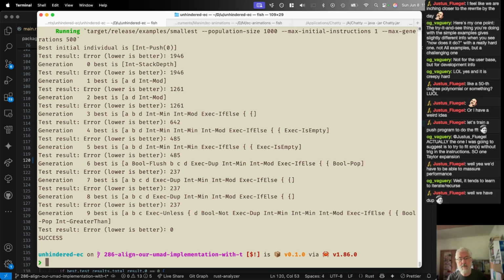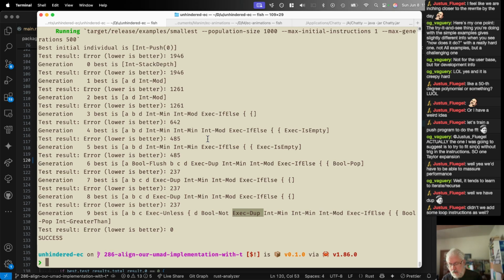We do have dupe, and dupe gets used right here, exec dupe. So there's dupe and exec dupe. There's int dupe. It's not being used here anywhere. That's interesting. So we've got dupe, and dupe can create its own set of fun.